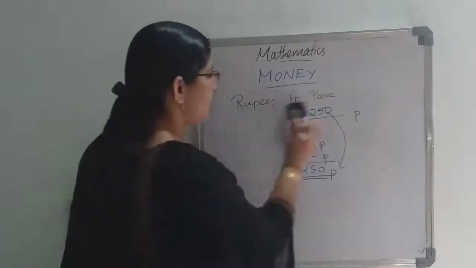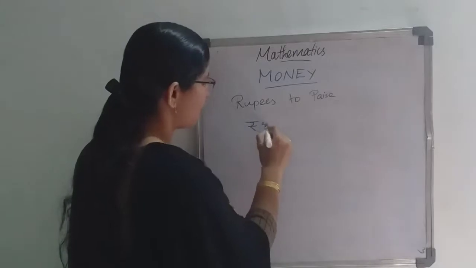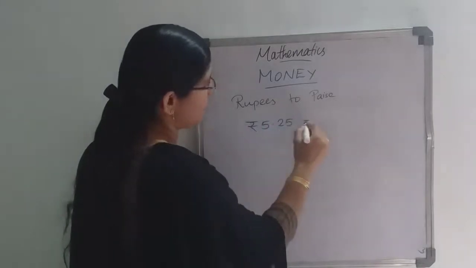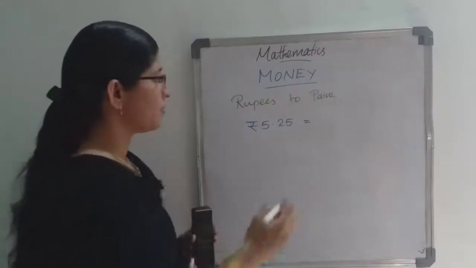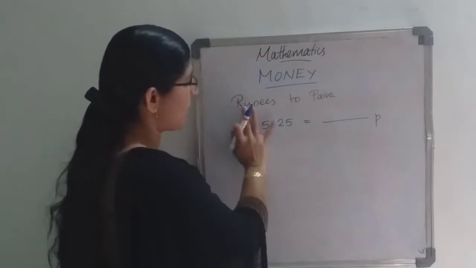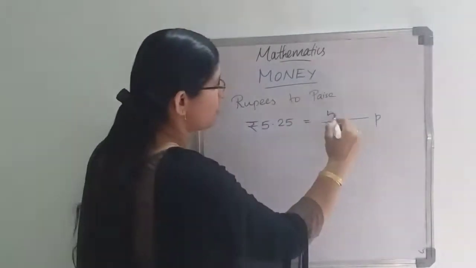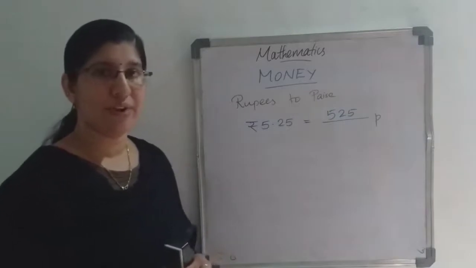One more example I will show you. Suppose it is 5 rupees 25 paise. How will you convert into paise? So simple. You need to remove the symbol and dot, write together. That is 525 paise.